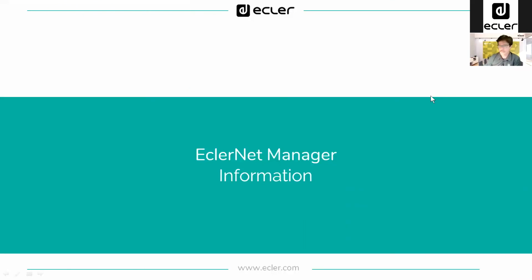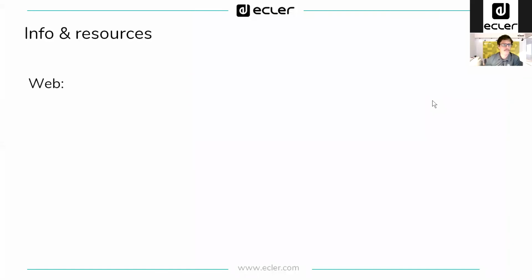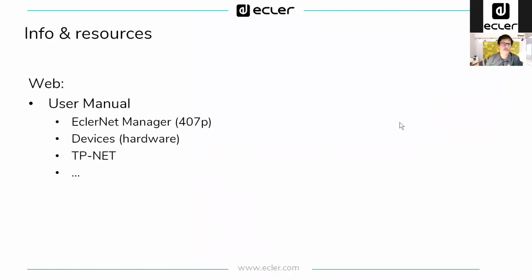What else? Where do I find information? This is important, so I repeat it, though I already said it: the user manual, EclerNet Manager, is the main one. It is, let's say, the Bible, or whatever you want to call it, the main book you have to look at for answers. You also have the user manuals of each device, which will help you with the hardware part of the installation.